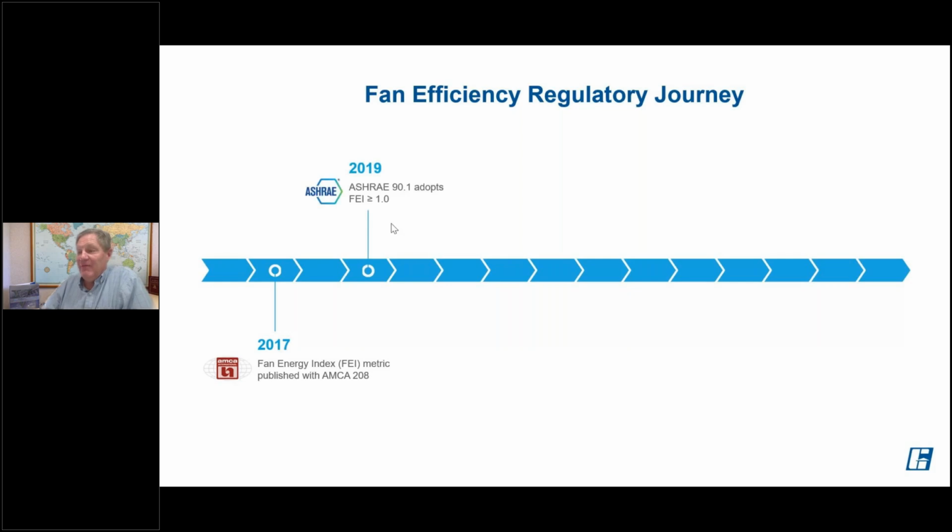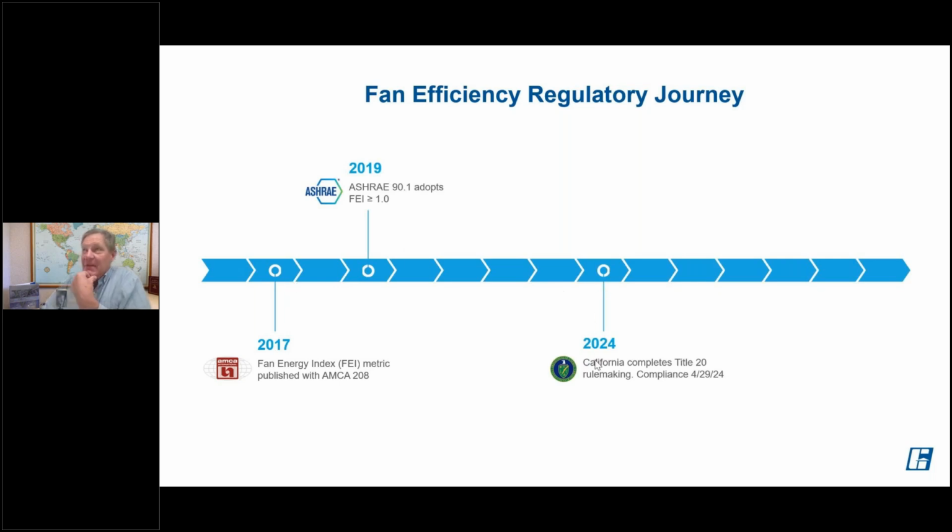That was picked up very quickly by ASHRAE, and ASHRAE adopted FEI into 90.1 in its 2019 version. Basically it said any fans in projects being built in accordance with the 2019 version have to have an FEI of 1.0 or greater. Then we flash forward to today.